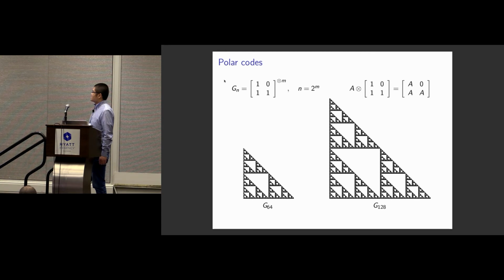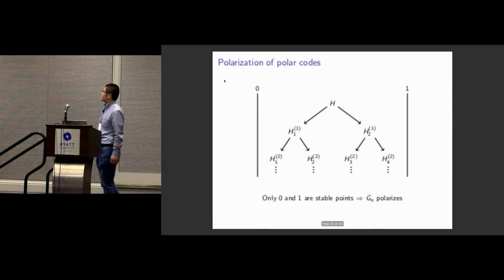So you can see how we get G128 from G64. We just put this guy here in the upper left corner, lower left corner, and the lower right corner, and we leave the upper right corner blank, which means that this is a 0 submatrix. Okay, so this is a polar code.